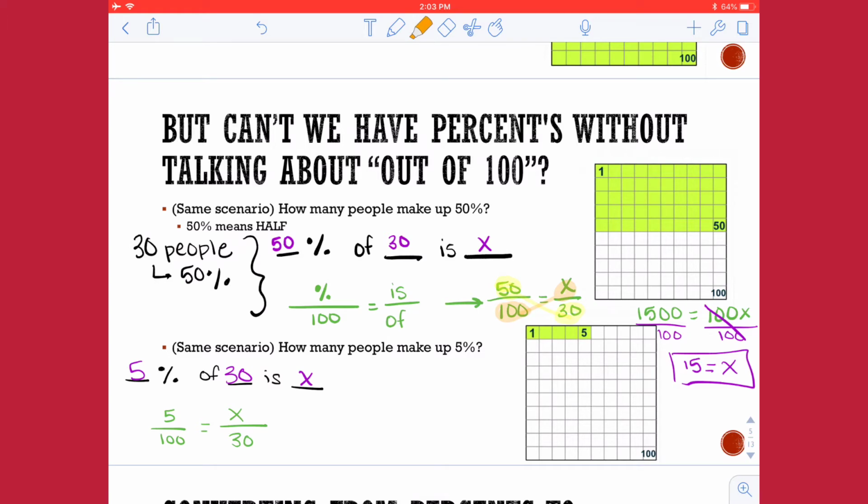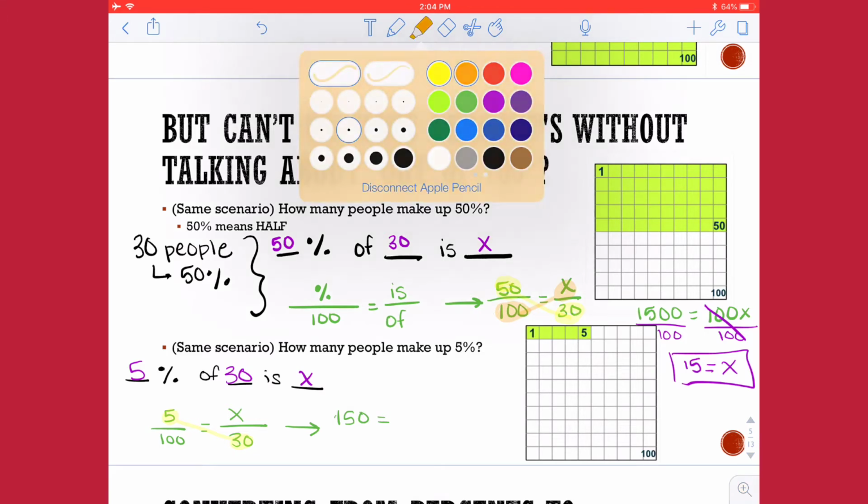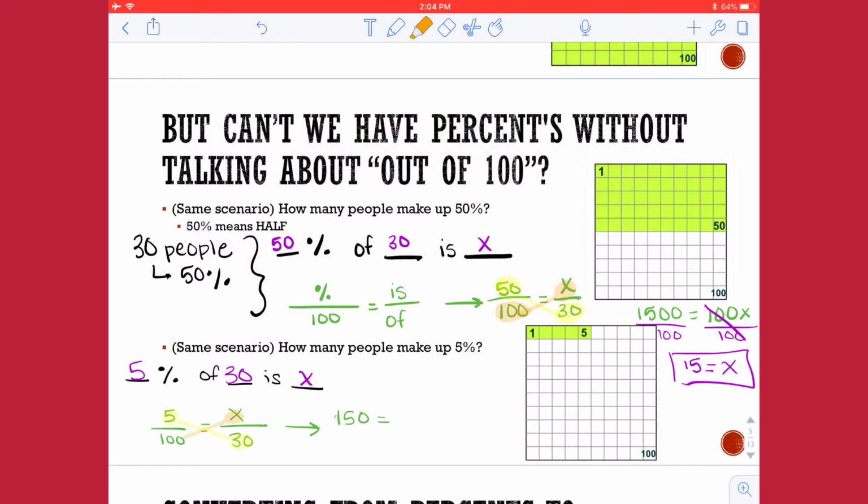So I'm going to do my 5 times my 30. So when I multiply 5 times 30, I end up getting 150. Is equal to, I'm going to cross multiply the other side, x times 100, and that gives me 100x.